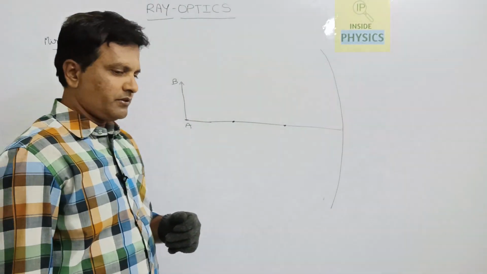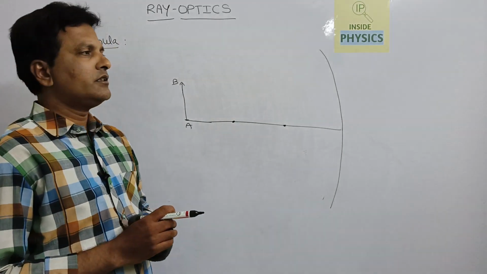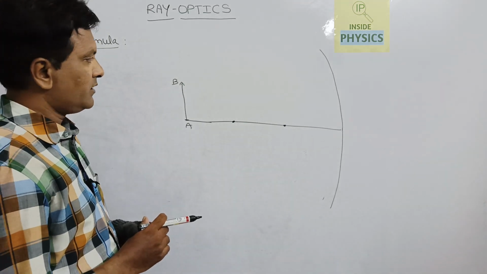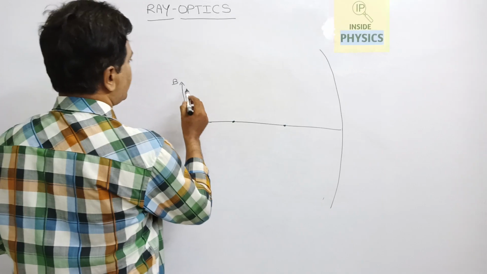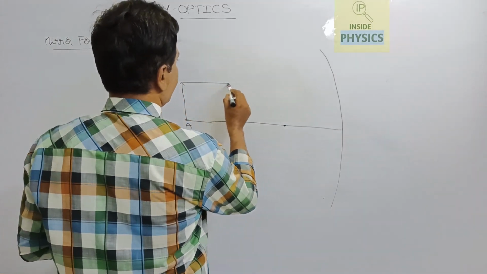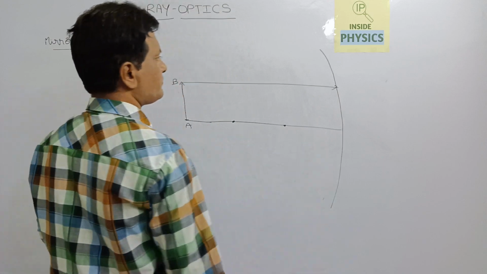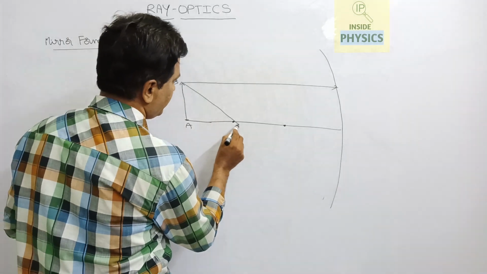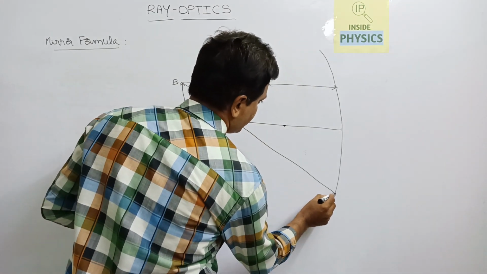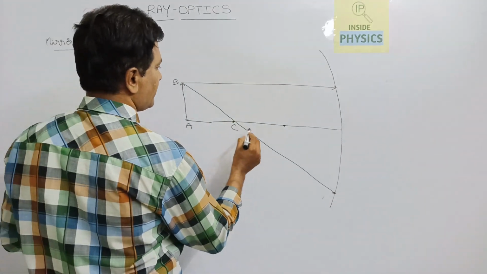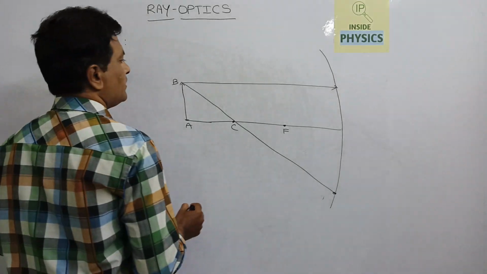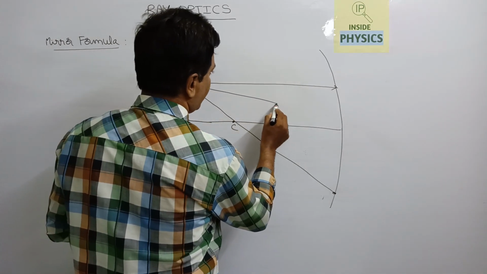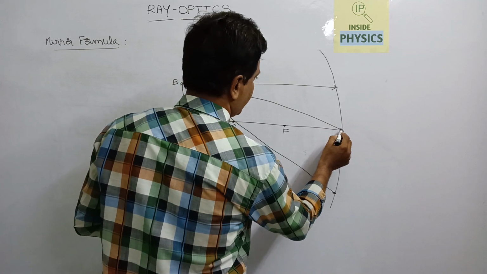So there are actually four considerations for how the light rays are treated for calculation purposes. See, the kinds of rays: the ray which is incident parallel to the principal axis, the ray which is passing through the center of curvature and incident on the spherical surface, and the ray incident on the pole of the spherical mirror.